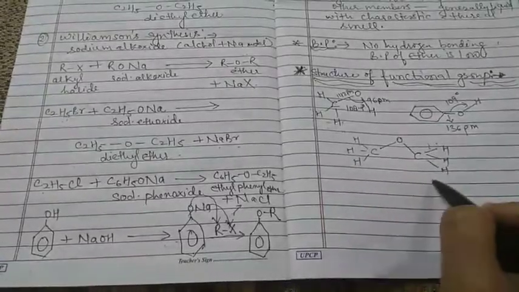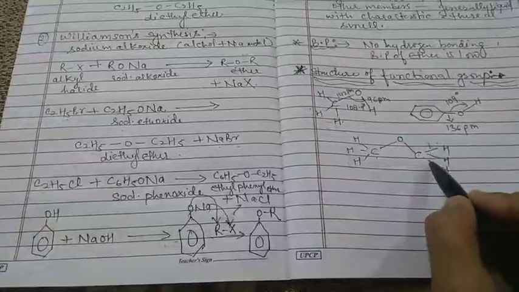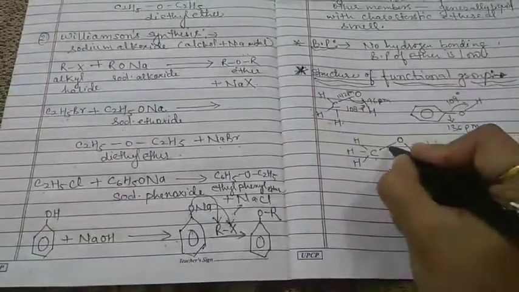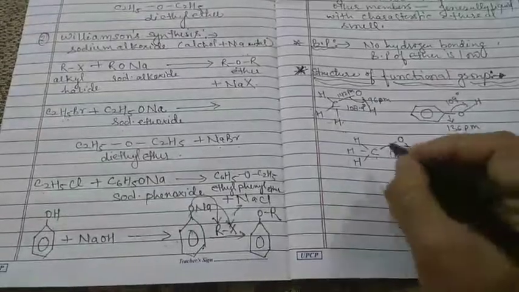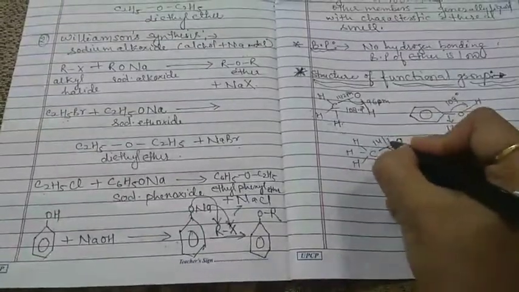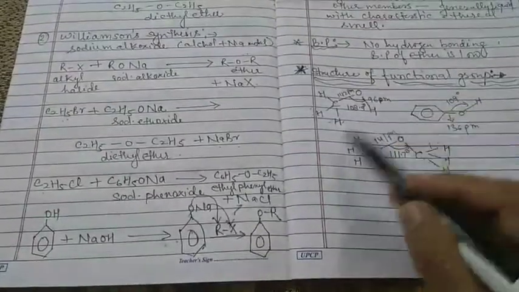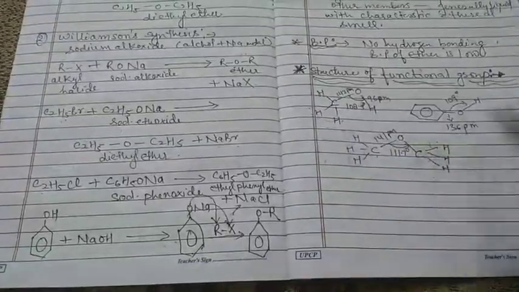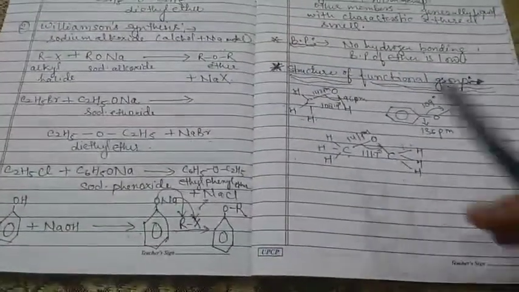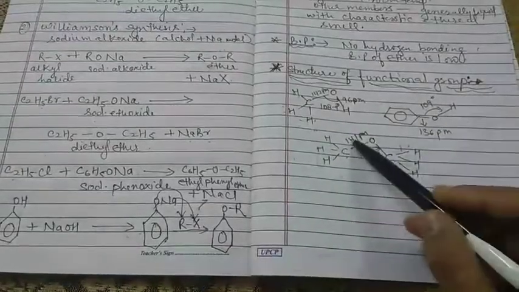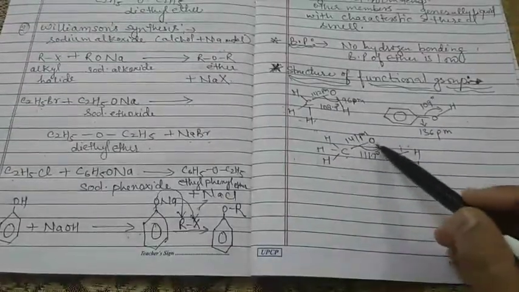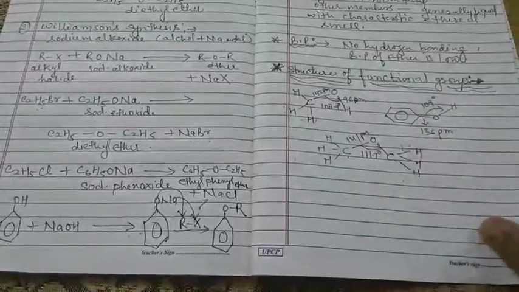This is methoxymethane or dimethyl ether. Now this angle is 111.7 degrees, this is 141 picometers. So these are the structures of the functional groups: this is the OH, here again OH, and here the group is O.